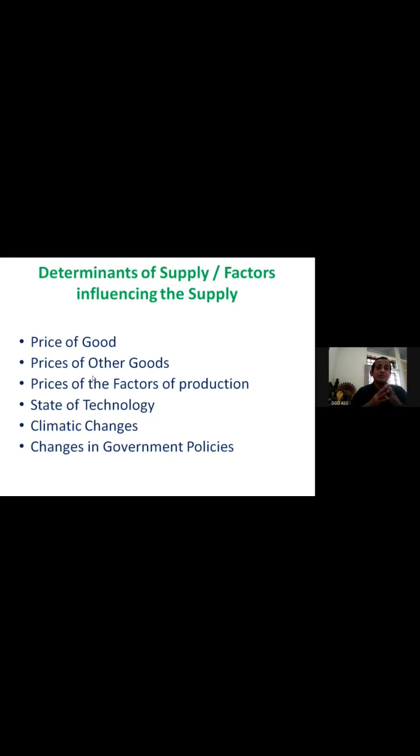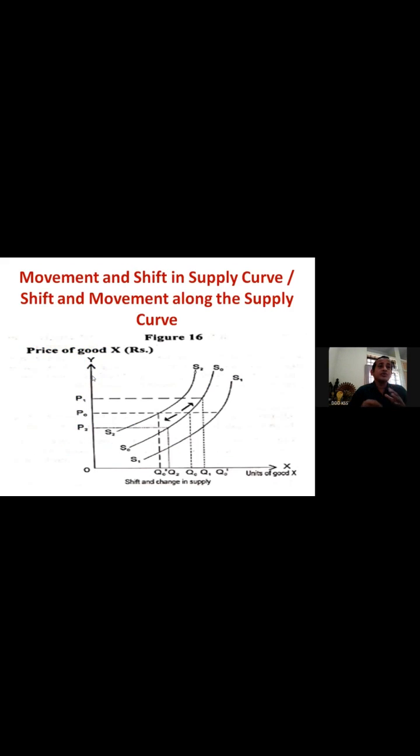So these are some determinants of supply, or the factors influencing supply. Next, we'll go through the movement and shift in the supply curve, or shift and movement along the supply curve.